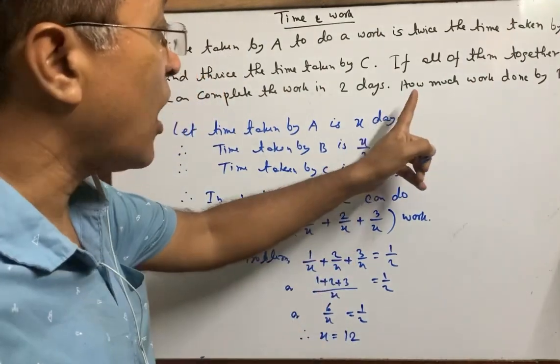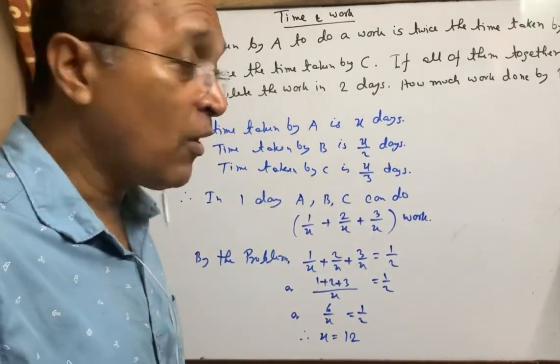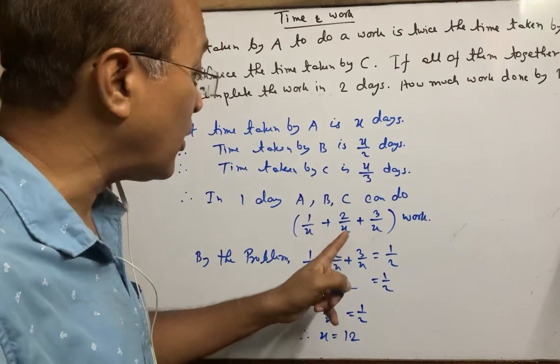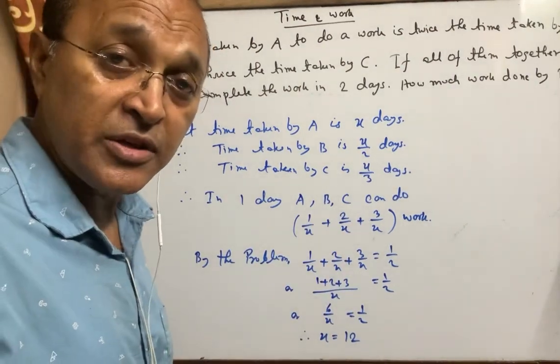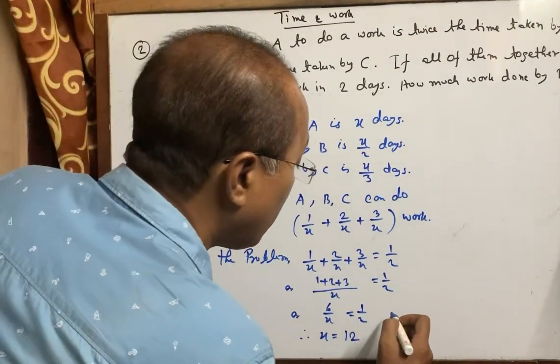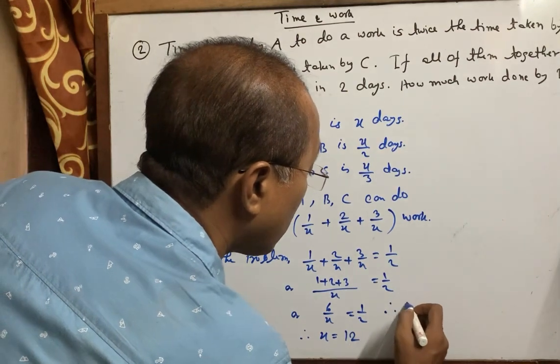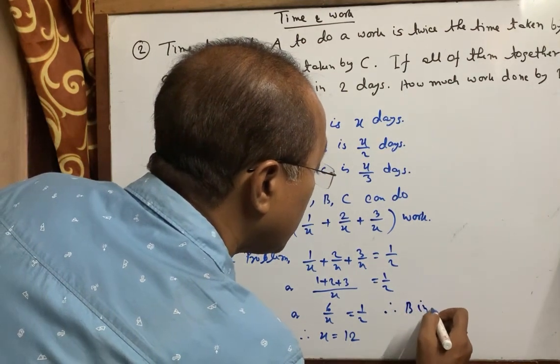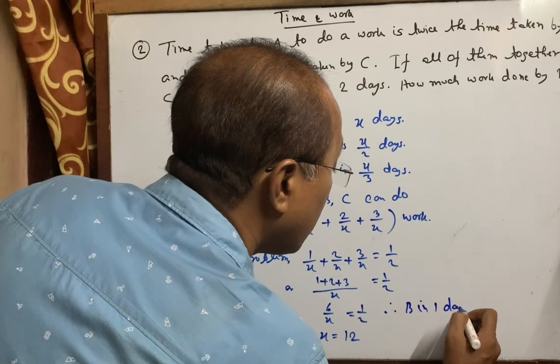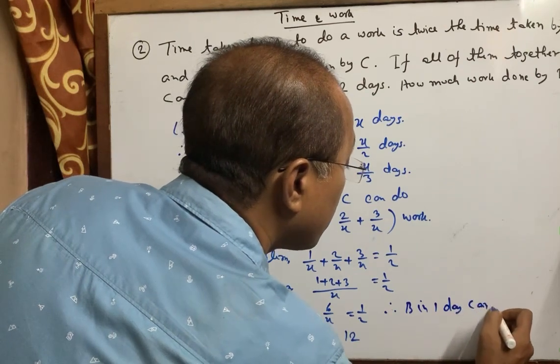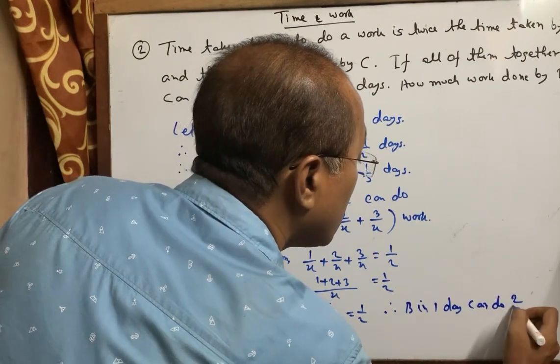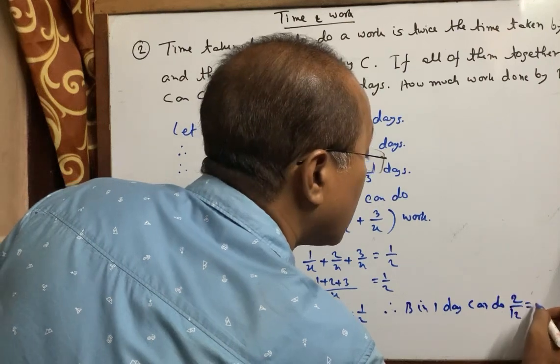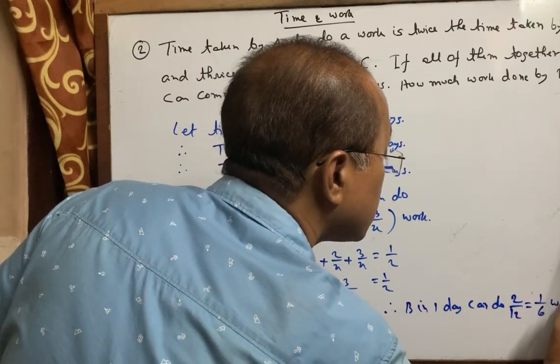The question is how much work is done by B? All of you know that B in 1 day can do 2 by X work, isn't it? Therefore, B in 1 day can do 2 by 12, that is 1 by 6 work.